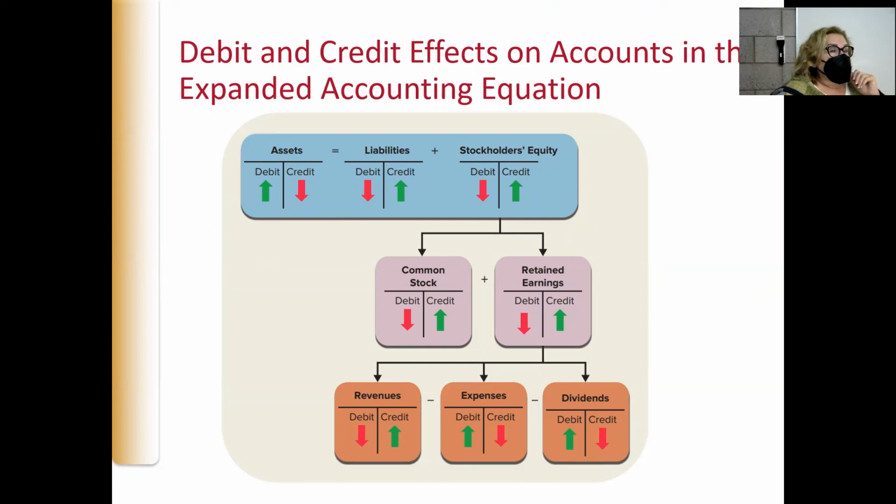Expenses and dividends decrease retained earnings. When retained earnings are decreased, you debit them because it's on the right-hand side of the equation. Therefore, know that expenses and dividends have a normal debit balance.